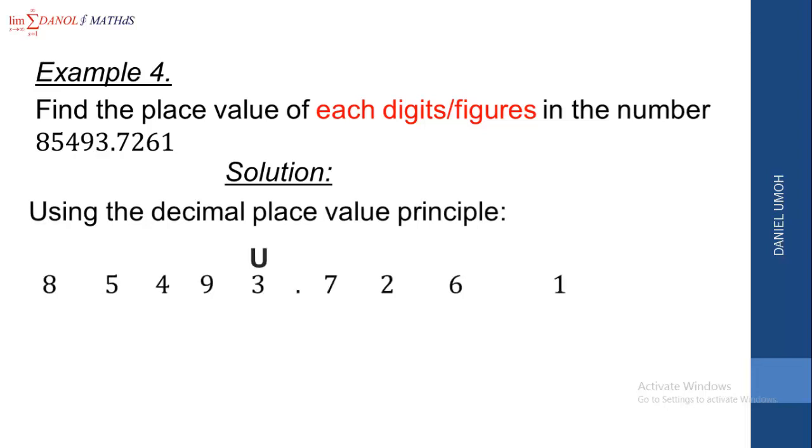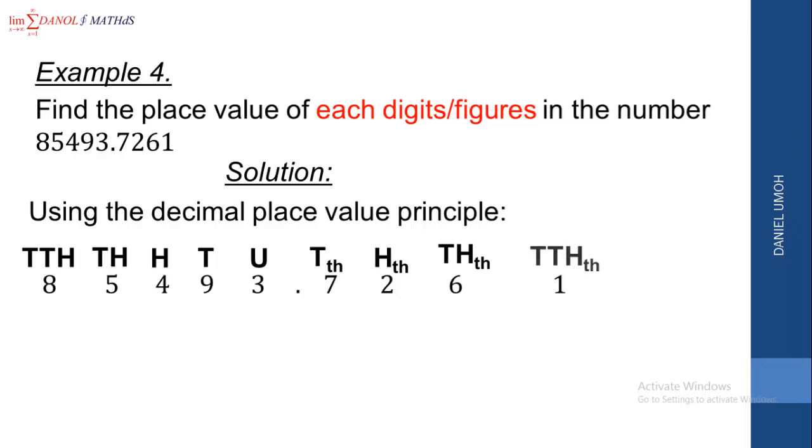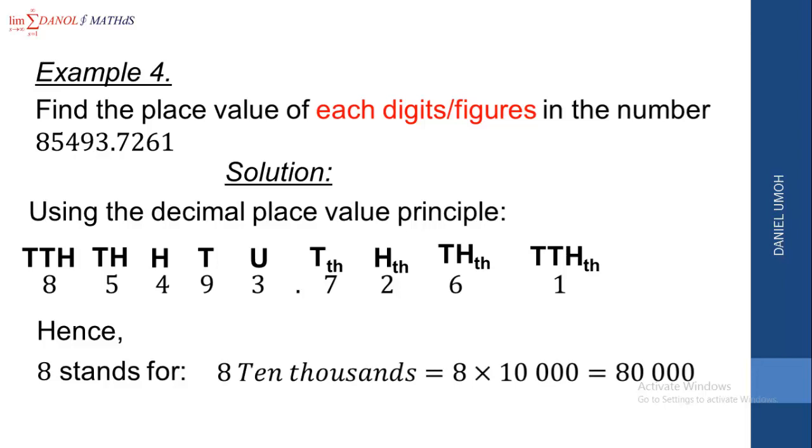Okay, we have here units, here tens, here hundreds, here thousands, and here ten-thousands. After the decimal point, we have tenth, hundredth, thousandth, and ten-thousandth. Now, from there, we can see that 8 stands for 10,000, because it is placed under the 10,000 position.